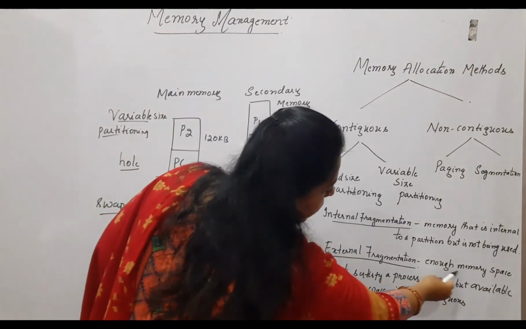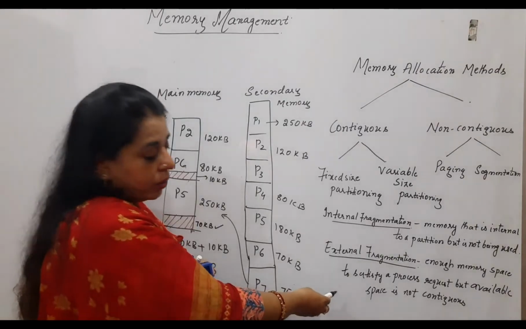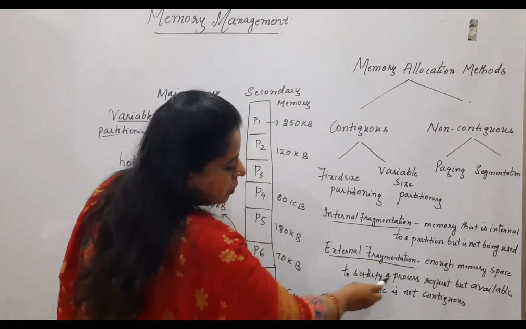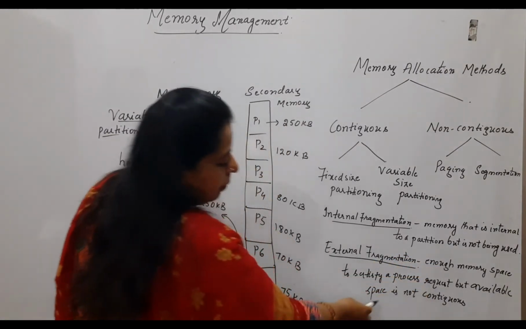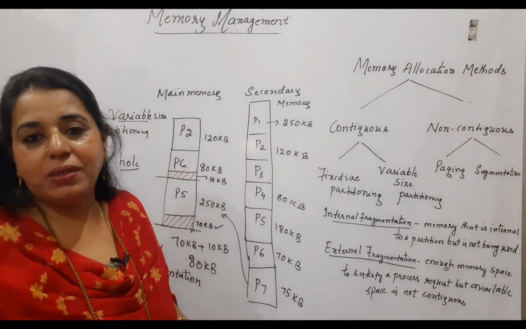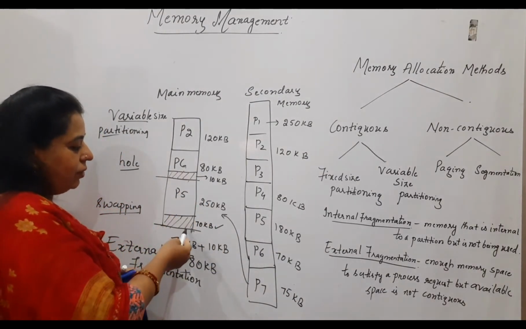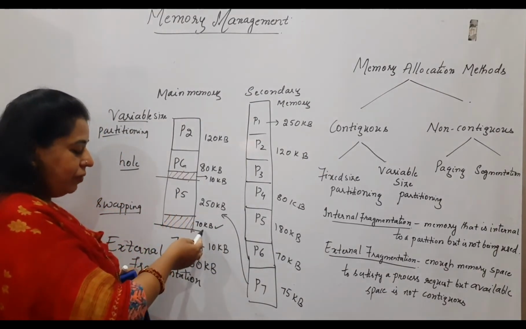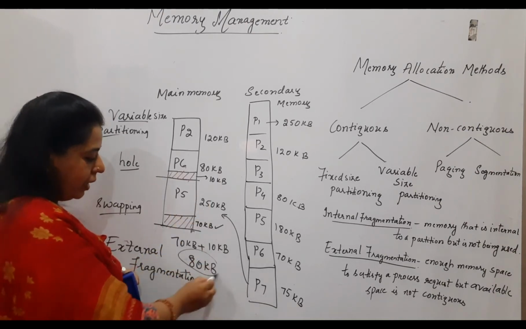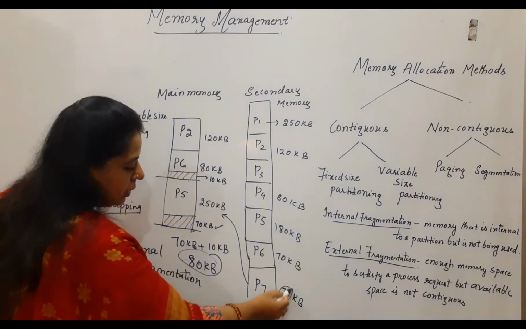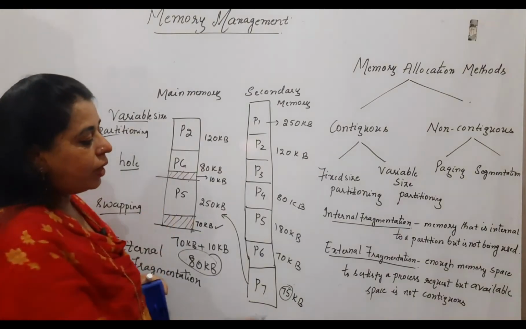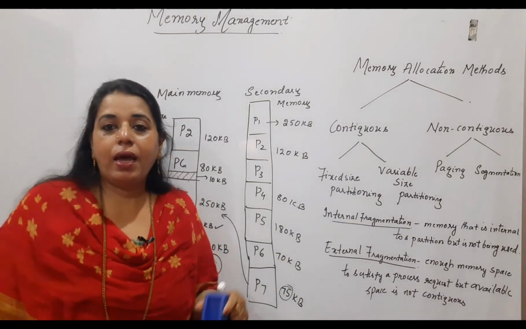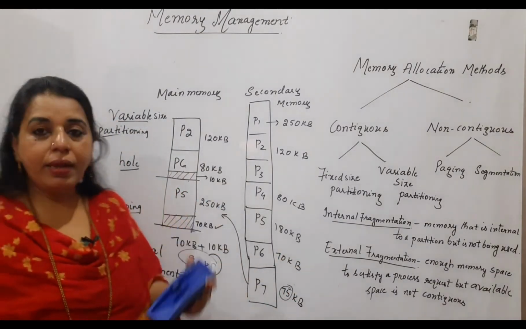External fragmentation means there is enough memory space to satisfy a process request, but the available space is not contiguous. That is what you have seen here. 10 KB is there, 70 KB is there, totally you have 80 KB. The process requesting is only 75 KB, but still you cannot satisfy the process request, and that is called external fragmentation.